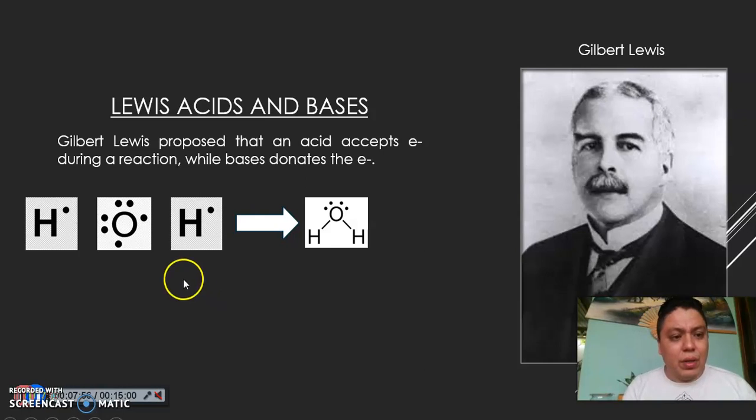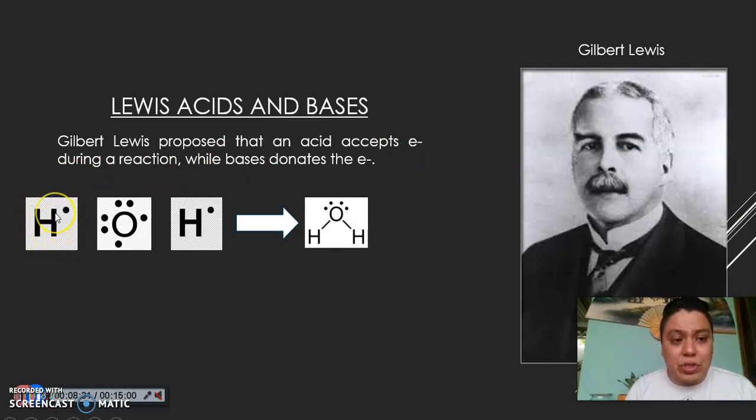If you remember the Lewis structures, when we're doing covalent bonding, what's going to happen in here? How is this compound over here going to be produced? Well, first of all, the oxygen has 6 electrons, while hydrogen has only 1. Remember that hydrogen fulfills the octet rule with 2 electrons. So it says in here, an acid accepts electrons. So in this case, hydrogen is the acid.